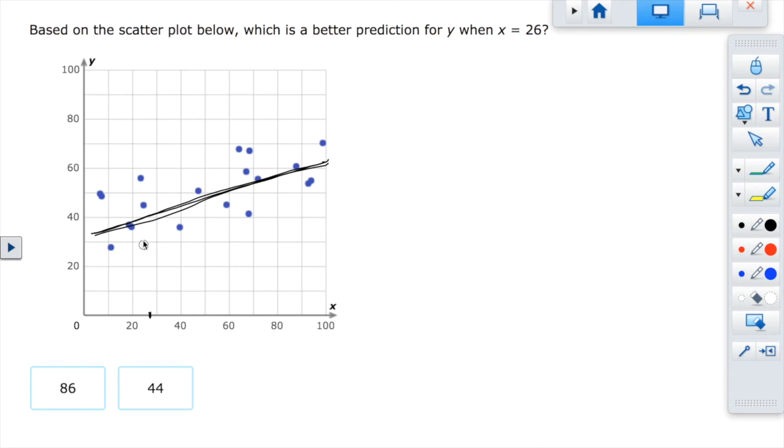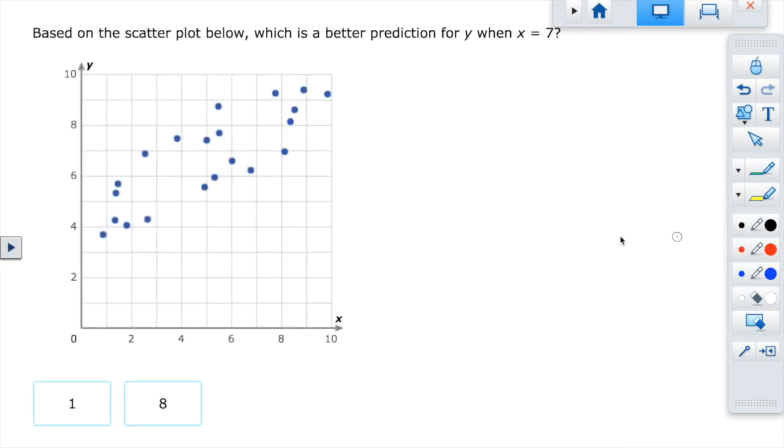If I go straight up to where my line is, look over to the left, I'm at about 40, that's my prediction. A line of best fit is a prediction. So I'm around 40, so maybe my line was a little off. The better indicator here would be 44, because 86 is way up here and it's not even in the data.